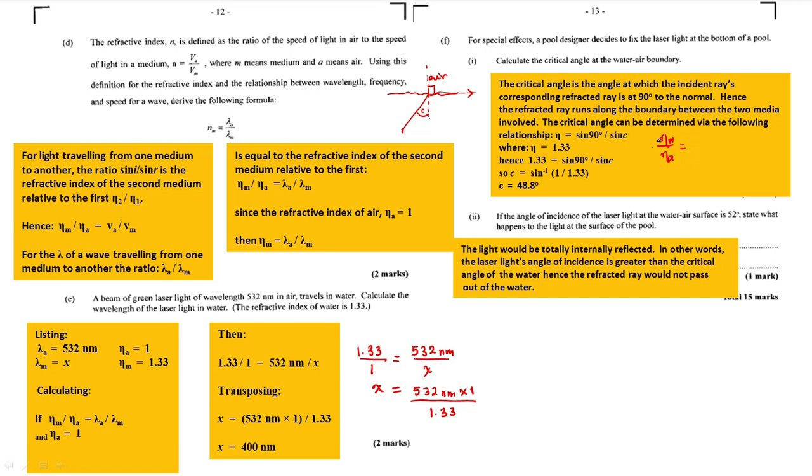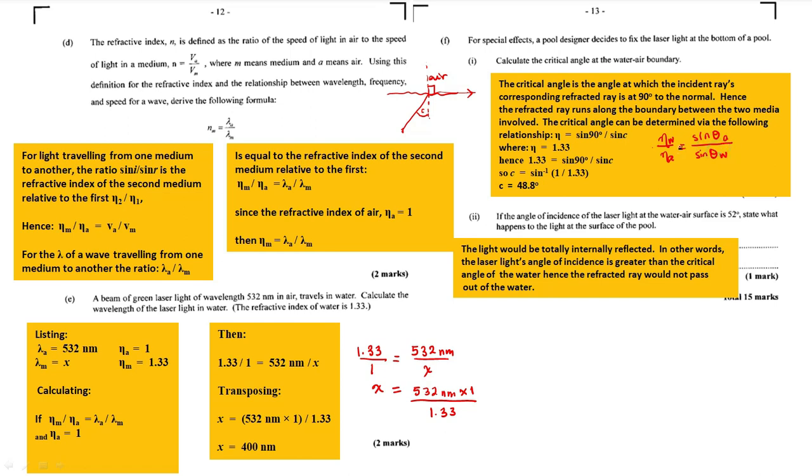So the ratio here is the refractive index of water divided by the refractive index of air, and it is equal to, in this case, since we're looking for the critical angle, sine theta, that's the angle in air, divided by sine theta, the angle in water.